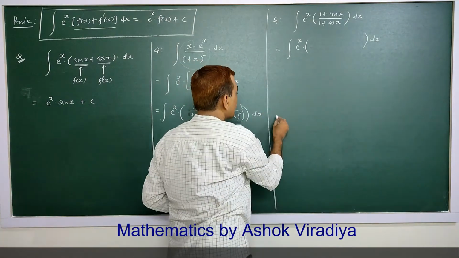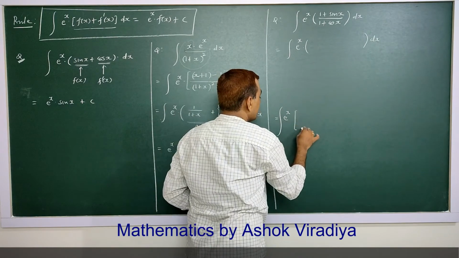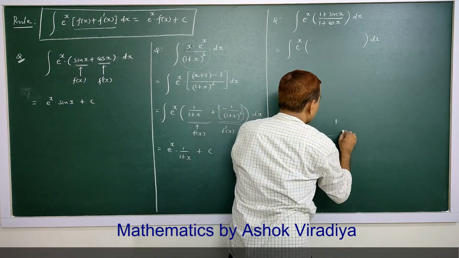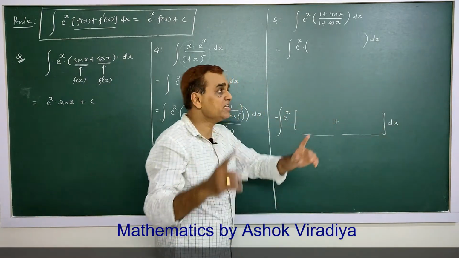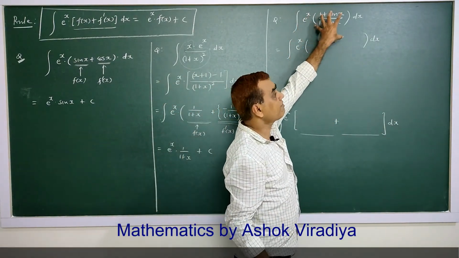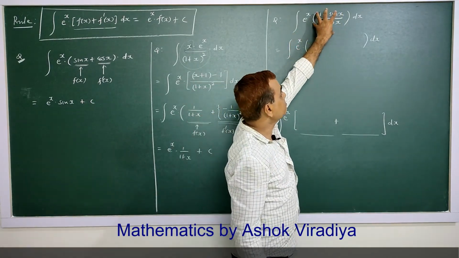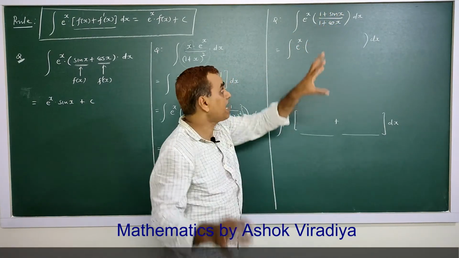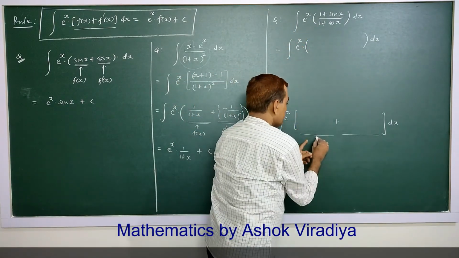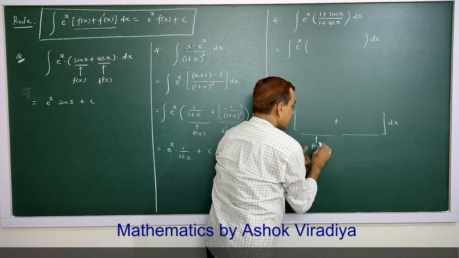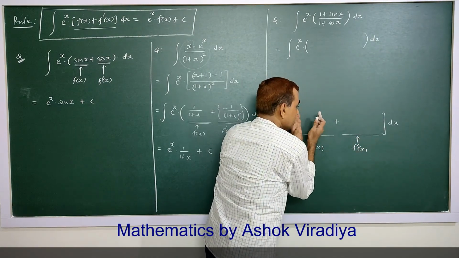We try to convert this in such a way that one part is f(x), other part is f'(x). Whenever e raised to x into a function of x is given, split up that number in two parts such that one part is f(x) and besides f(x) this must be the derivative of this number.